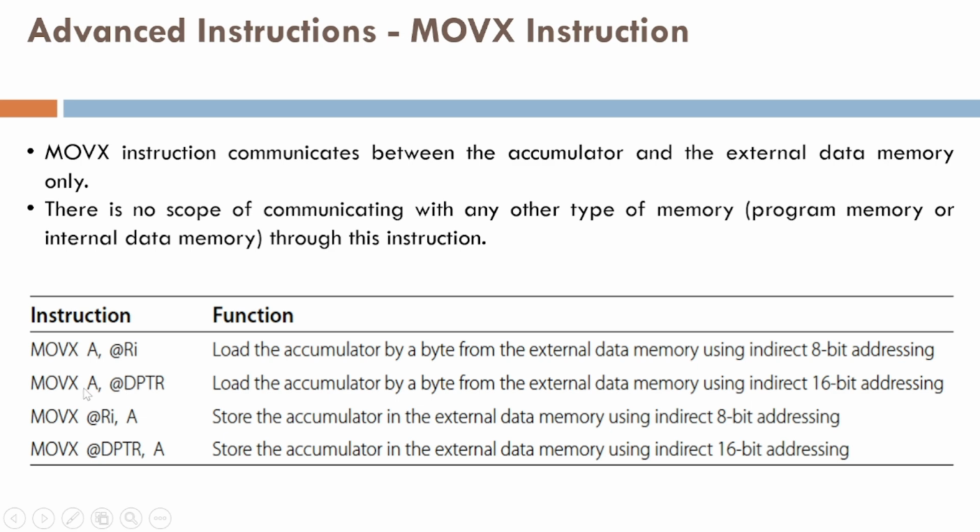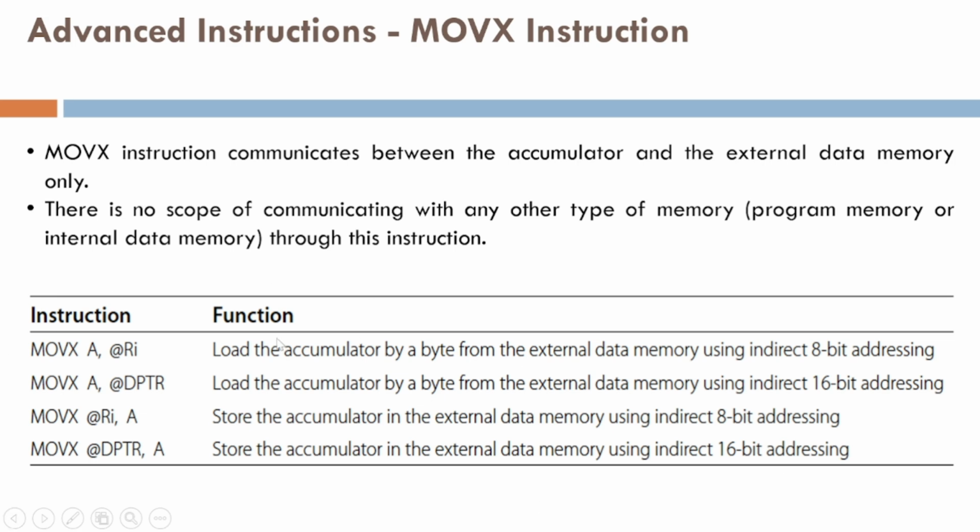But life is not that easy when we talk about R0 and R1, because R0 and R1 are capable of handling only 8 bits. So the rest of the address has to be generated and pushed out of the microcontroller using some port. There are four ports: port 0, port 1, port 2, and port 3. Somehow we have to send out a 16-bit address to the external data memory. We will see how to do that.